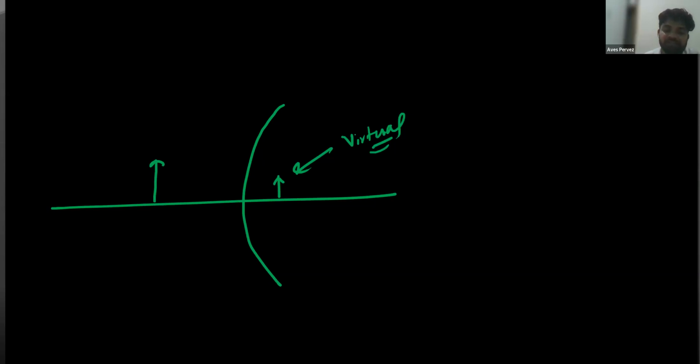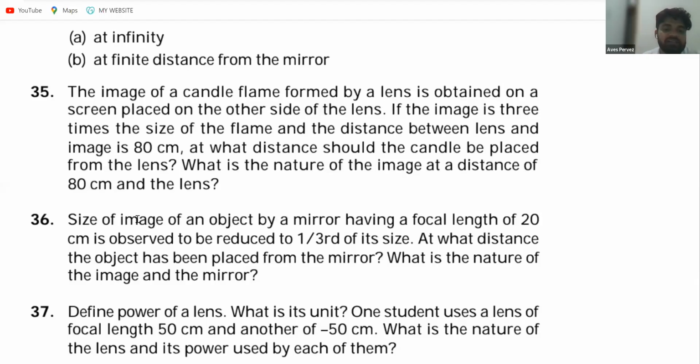So let's check the question. The size of the image of an object by a mirror having a focal length 20 is observed to reduce to 1/3 of its size. At what distance is the object placed from the mirror, and what is the nature of the image? We can consider two cases.